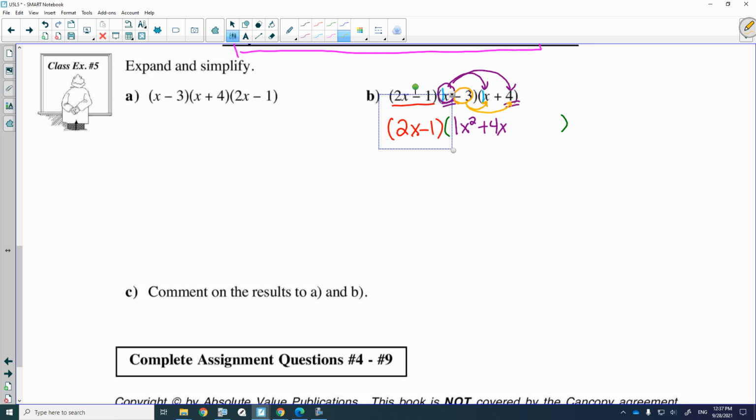Negative 3 times 1x is negative 3x. Negative 3 times 4 is negative 12. You will always be able to simplify something in your trinomial, or sorry, this will become a trinomial. So simplify this into a trinomial. So we're going to have 2x minus 1.